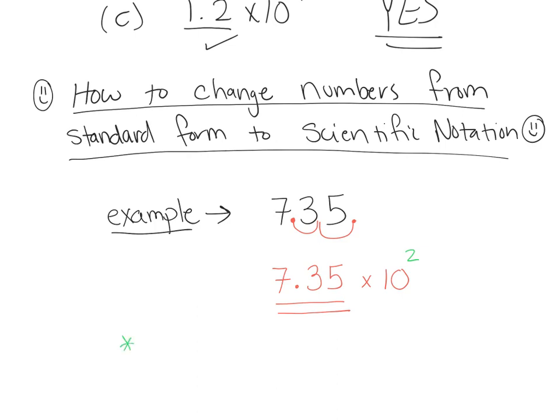So if the decimal moves to the left, the power is positive. Okay? So the answer is 7.35 times 10 to the power 2.